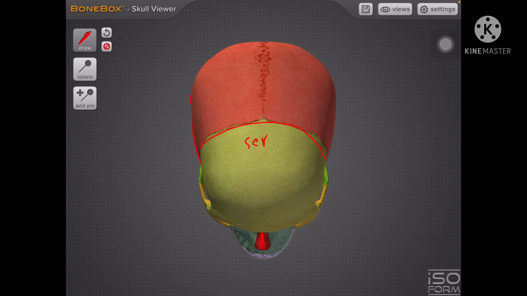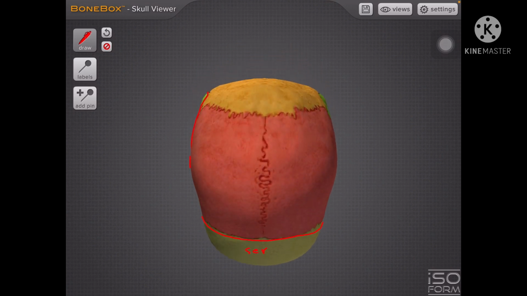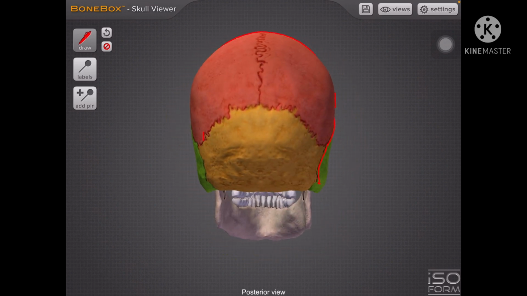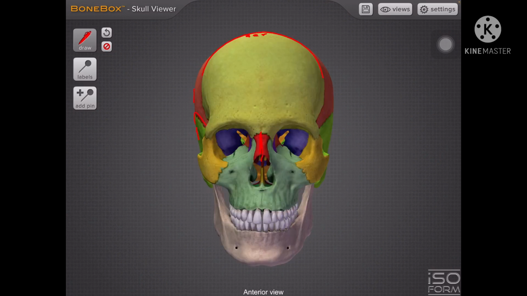And next one is the denticulate suture. An example of a denticulate suture is the lambdoid suture. See here, these are small tooth-like appearances. That is the reason why the name denticulate suture was given. This is present between the two parietal bones and the occipital bone.